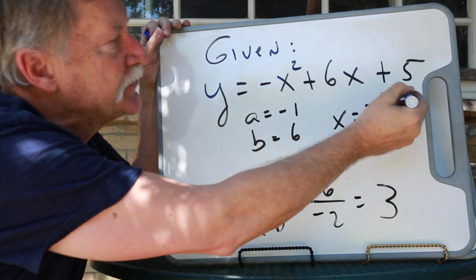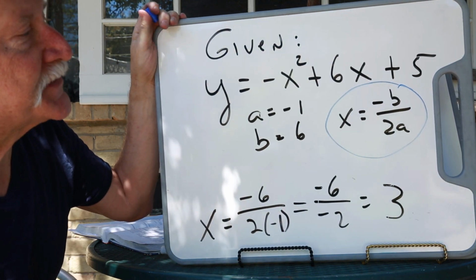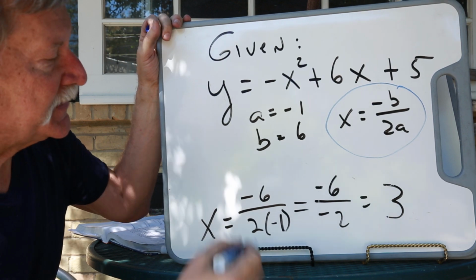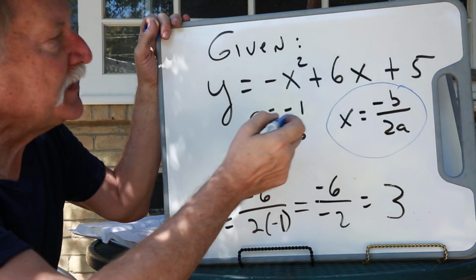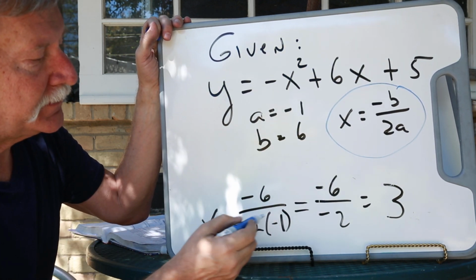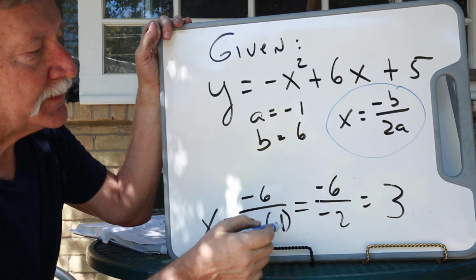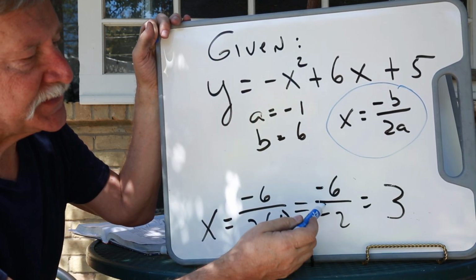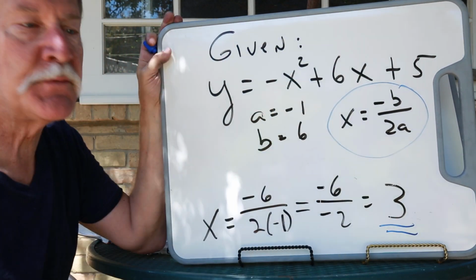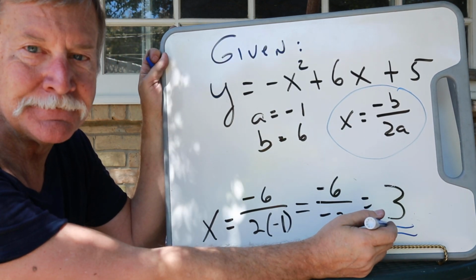The axis of symmetry formula says that we substitute in b. So we take the opposite of b, minus 6, over 2 times a. In this case, a is minus 1. And we simplify that. Minus 6 over minus 2 says that the axis of symmetry for this particular parabola is going to go right through x equals 3.